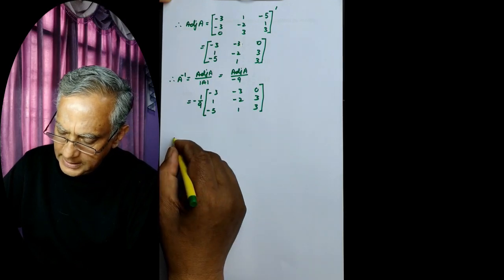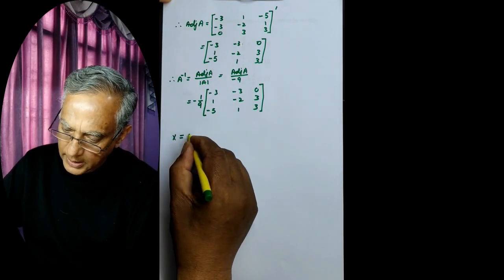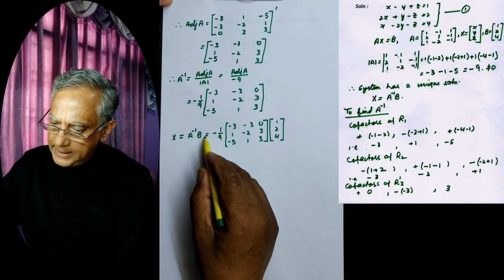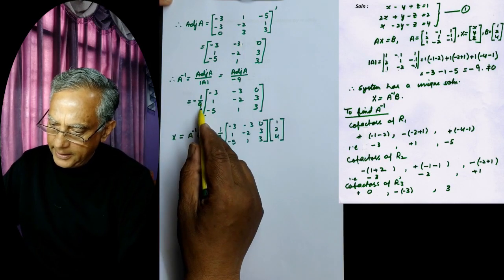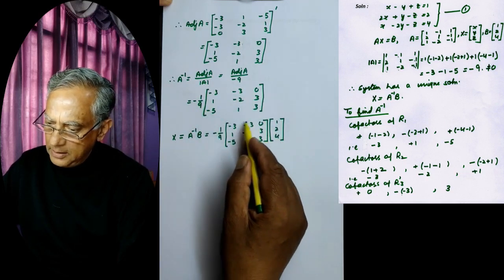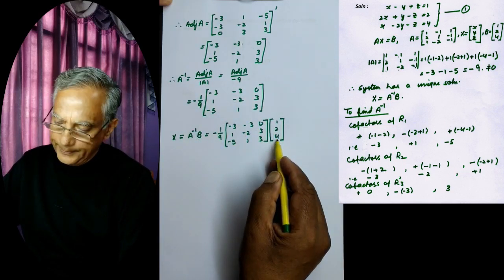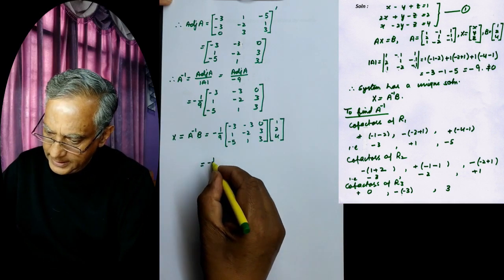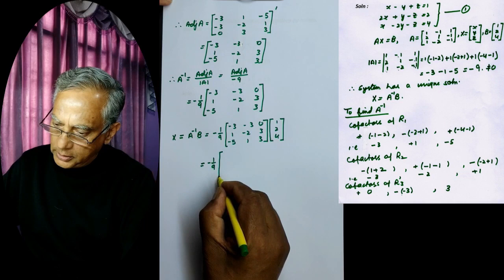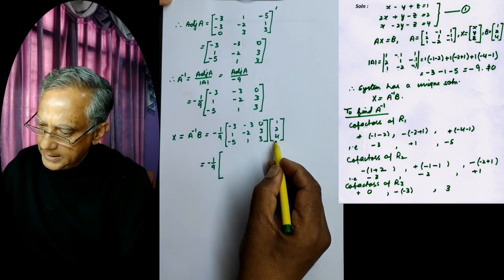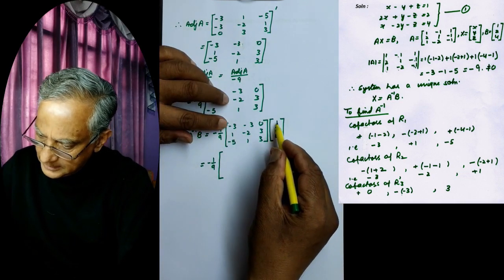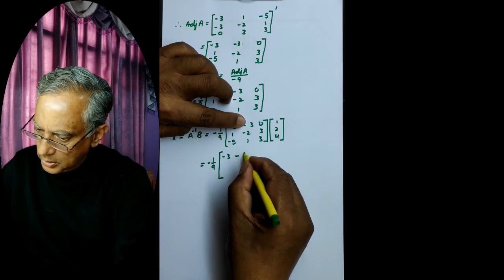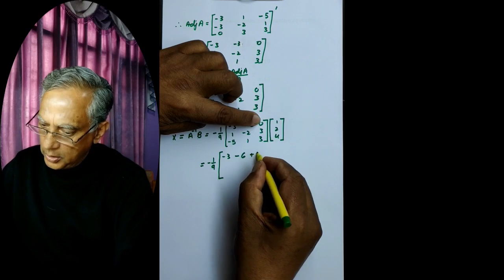And therefore the solution is X equal to A inverse B. Now A inverse is minus 1 by 9 into this, and B is 1, 4. Multiply this, we will have minus 1 by 9 into: this into this, minus 3, minus 3, minus 6 and 0.